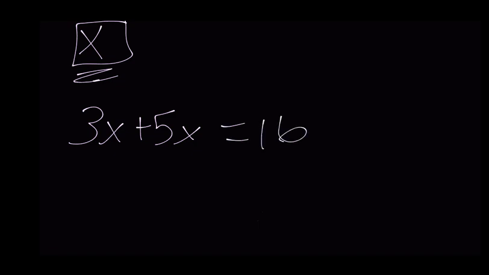So let's start with, if we get like 3x plus 5x equals 16, right? Well, we don't know what x is, and we don't know how to solve this. So first of all, there's something called combining like terms. Okay, so what is combining like terms?